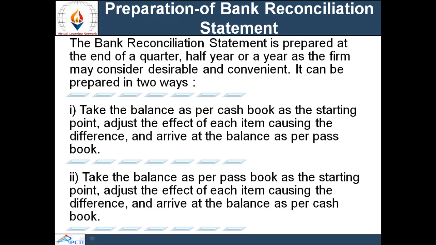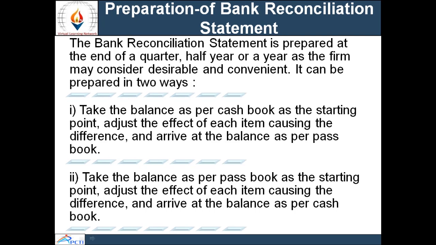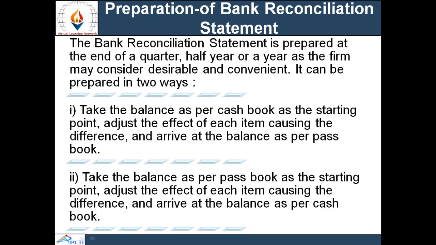First one is to take the balance as per cash book as the starting point, adjust the effect of each item causing the difference and arrive at the balance as per passbook. The next one is to take the balance as per passbook as the starting point, adjust the effects of each item causing the difference and arrive at the balance as per cash book.